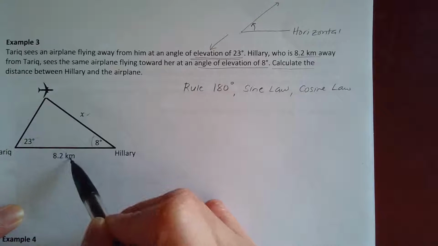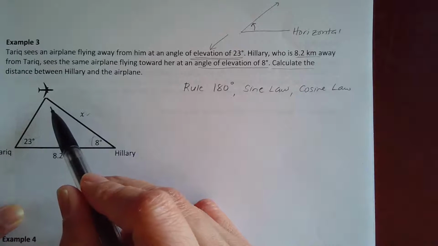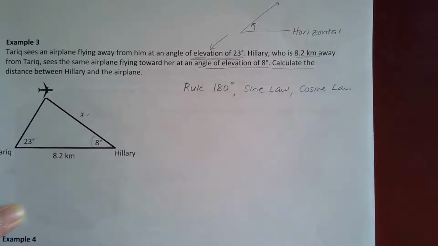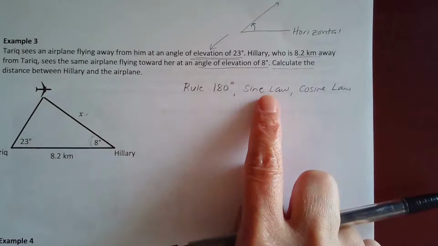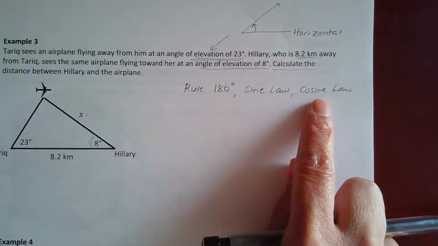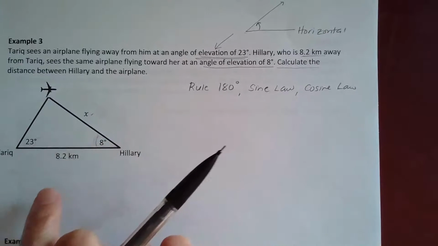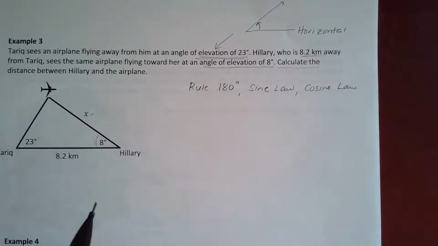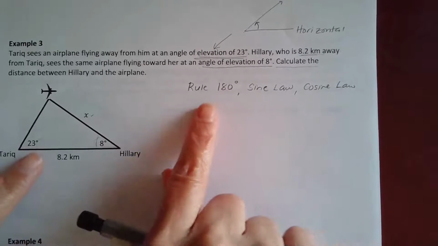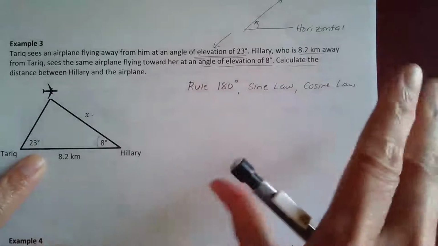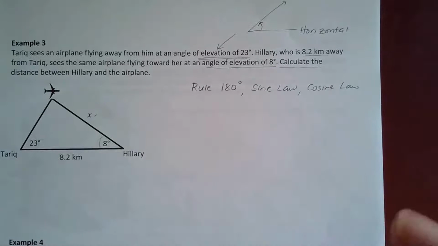So I cannot use sine law. Cosine law, I don't have the sandwich, and I also don't have all three sides. So what I could probably do, okay, this is what I'm actually thinking. Verbalizing what you are going to do.